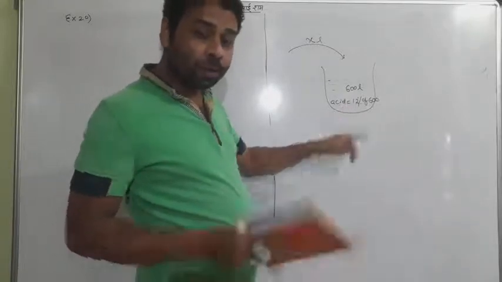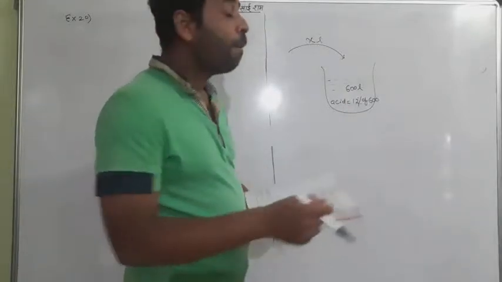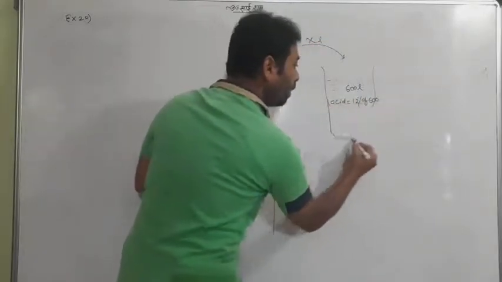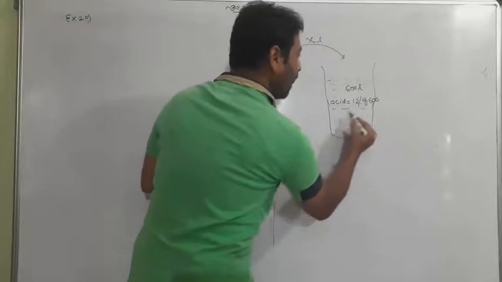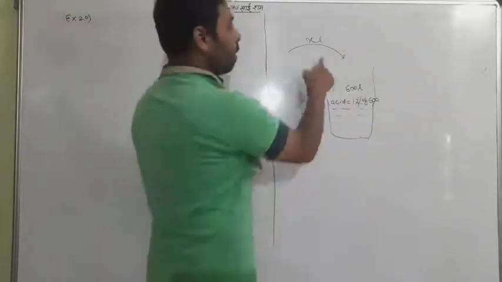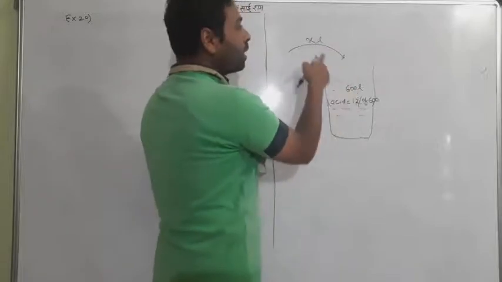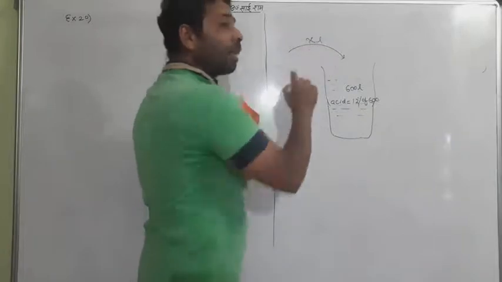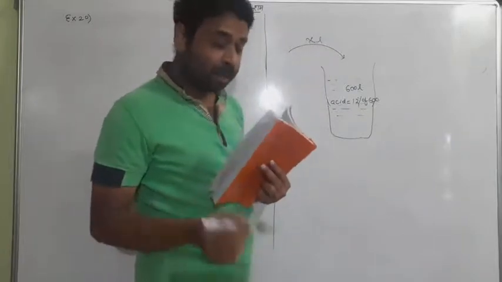I make the pot a little larger; X liters will go in this pot, and this X liters contains what acid content?